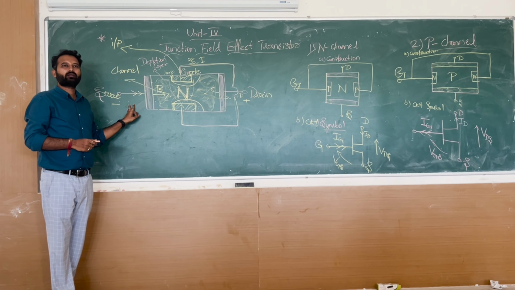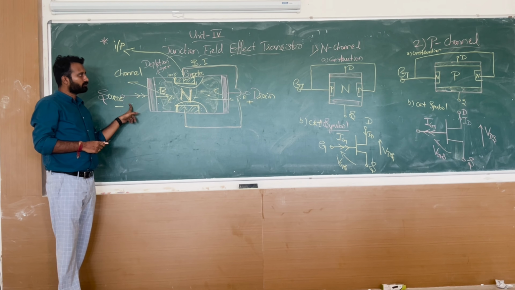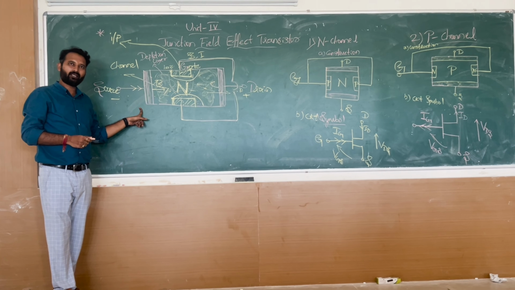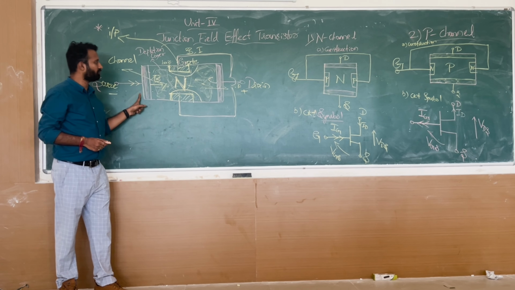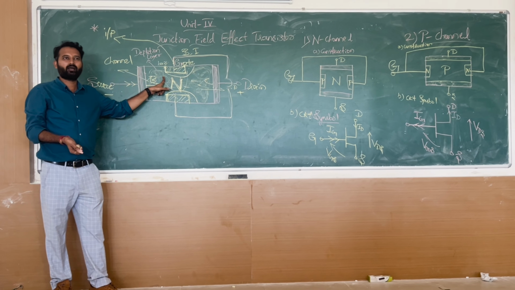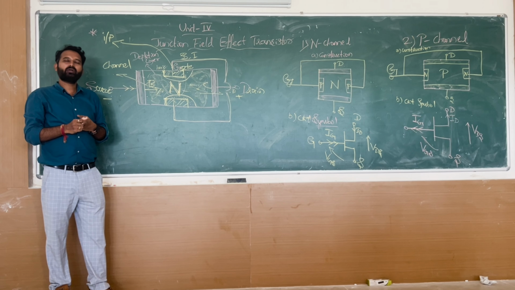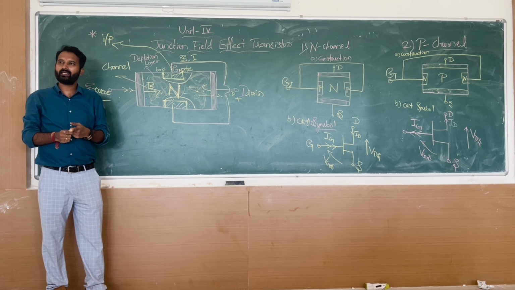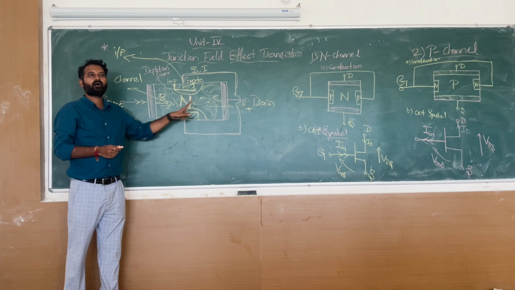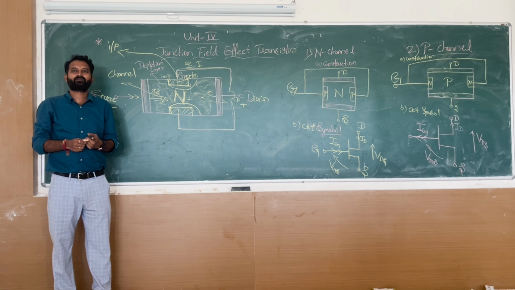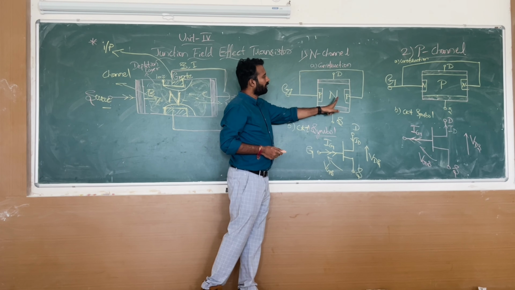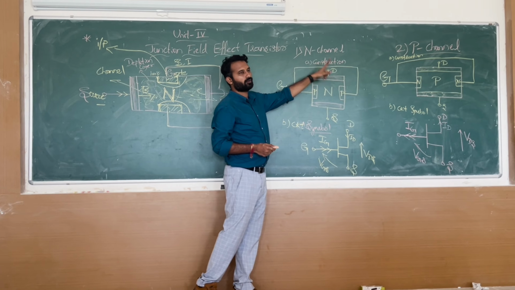How many? Three terminals. What are those three terminals? Source, gate, drain. Source, drain, gate, whatever you call. What is this completely made up of? Silicon, commonly semiconductor. So JFET is a voltage controlled, voltage operated, unipolar, three terminal semiconducting device which is available in two configurations, N channel and P channel configurations.